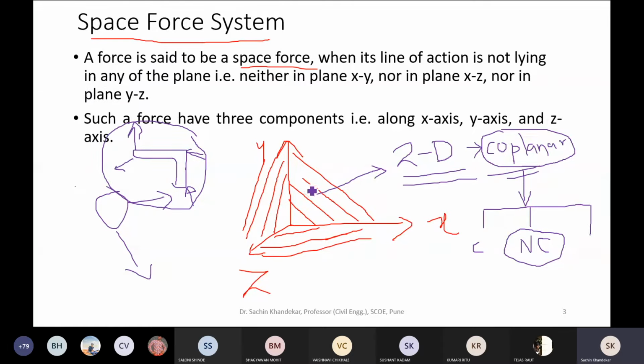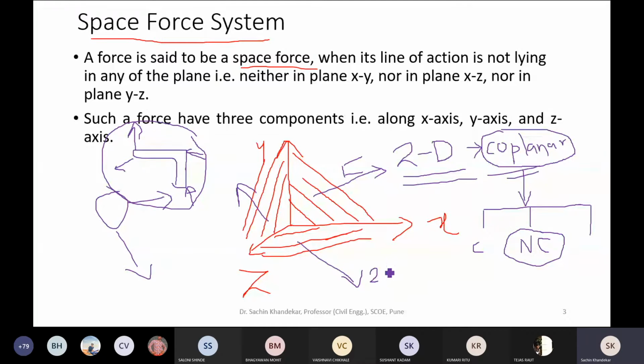Now, coming back to this discussion, I hope you have understood what is two-dimensional. Two-dimensional force system means coplanar force system. Now this force F may be either in the xy plane, or in another plane, maybe the yz plane, or the xz plane.